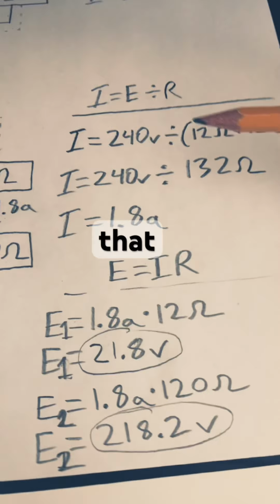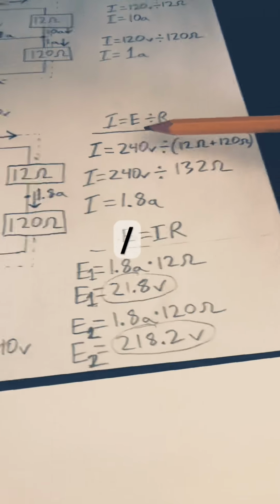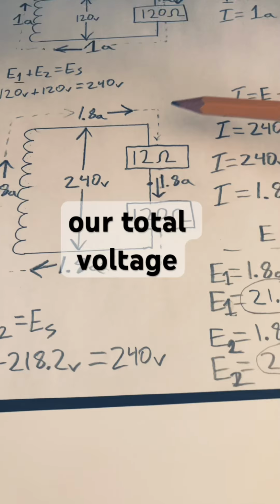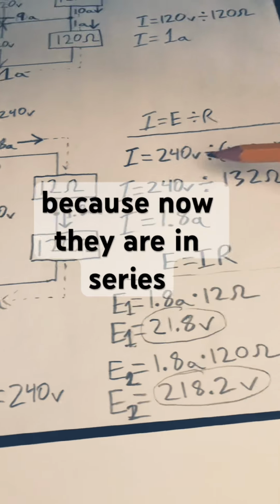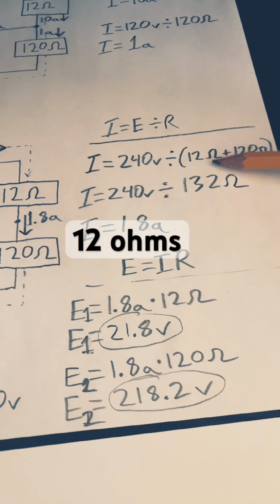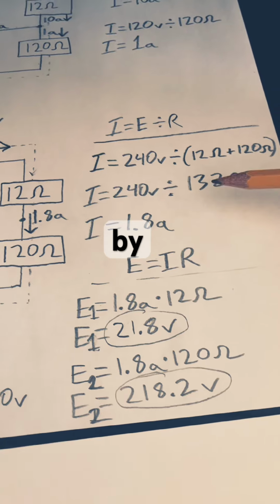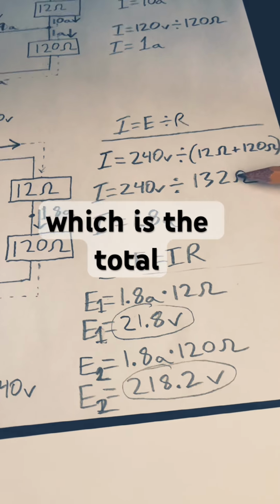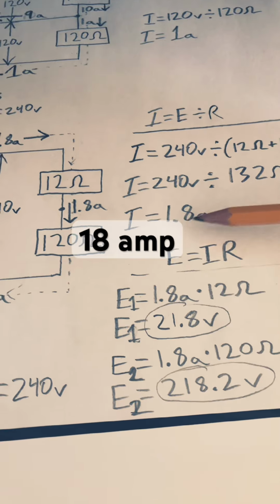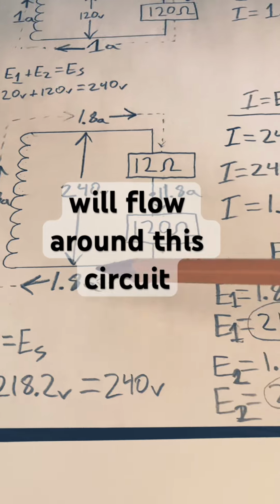This current is due to the fact that I equals E divided by R. Our total voltage across these resistors, because now they are in series, their resistances add, that is 12 ohms plus 120 ohms. Therefore, 240 volts divided by 132 ohms, which is the total resistance, equals 1.8 amperes. That is, the 1.8 amperes will flow around this circuit.